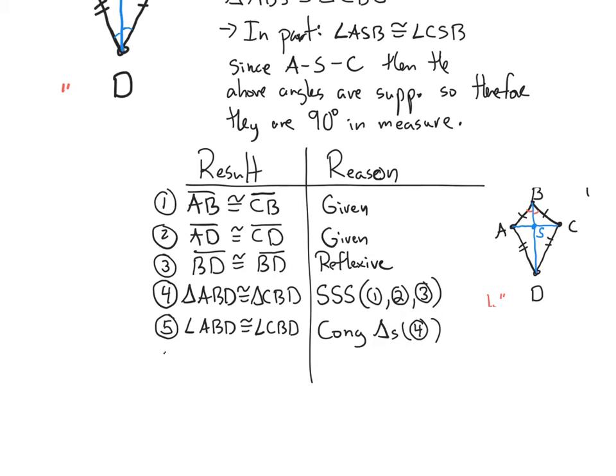And then, I also know that angle ABD is the same angle as ABS. And the reason I know that is because B, D, and S all lie on the same line. You can kind of see that here, right?